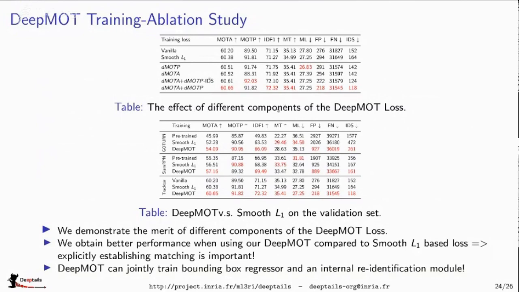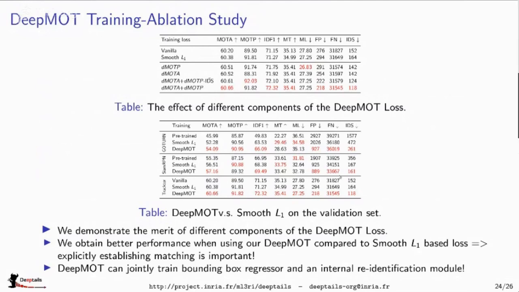For example, if we look at the last 2 rows, without the ID switching loss, the number of ID switches is higher than with the complete DeepMOT loss. So we can see the ID switching loss can really help reduce the ID switching.